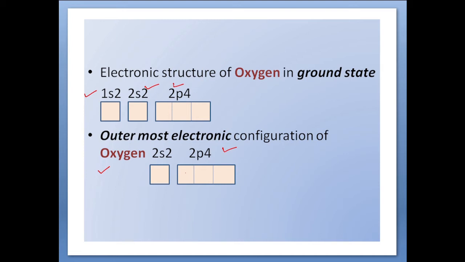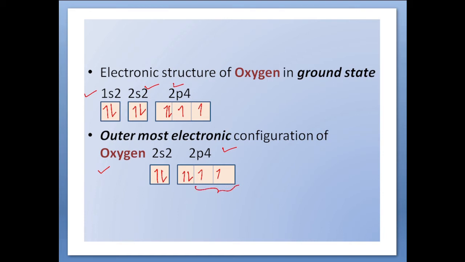The 2p orbital contains two unpaired electrons.